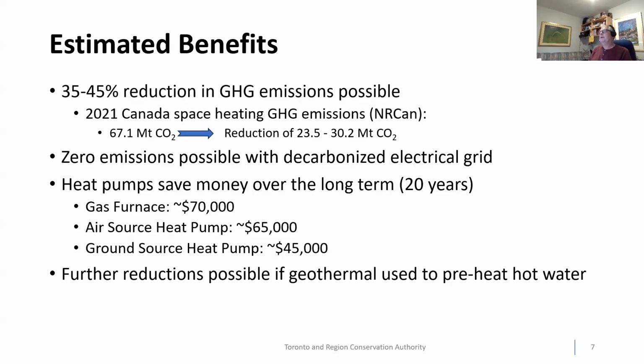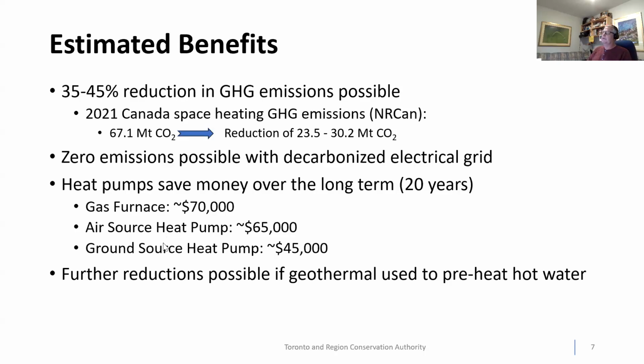And we can see a potential reduction of space heating requirements from NRCan data from 61 megatons to potentially 25 to 30. And if we decarbonize our electrical grid, the potential is to get to zero emissions. And they also save us money.